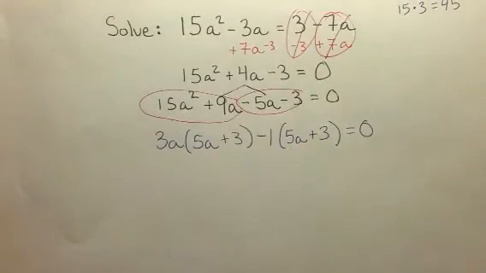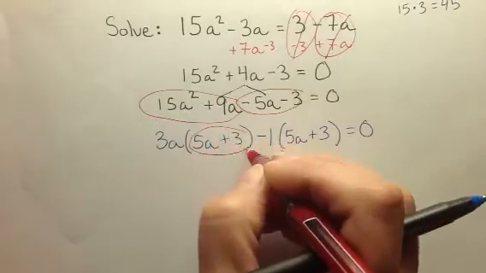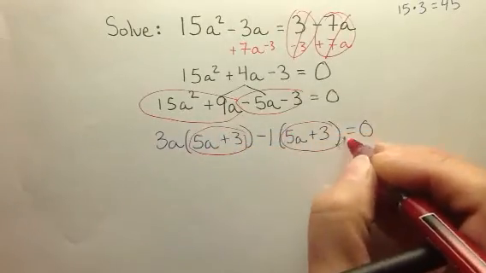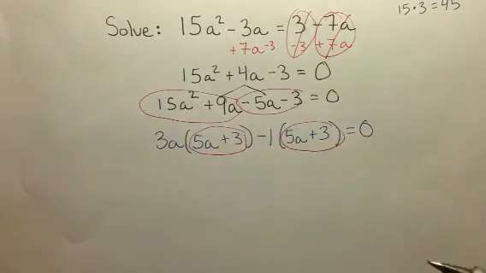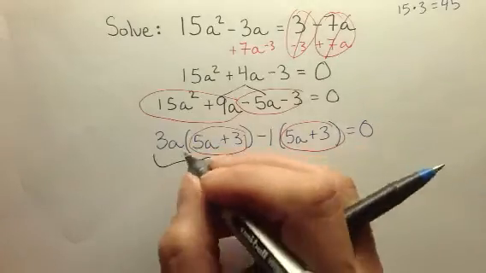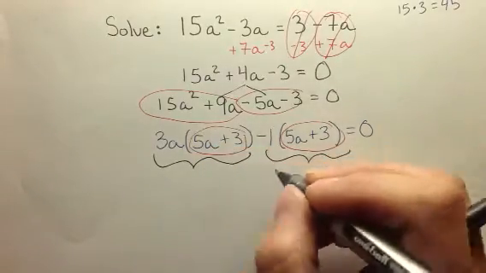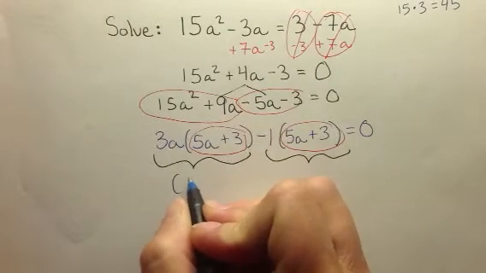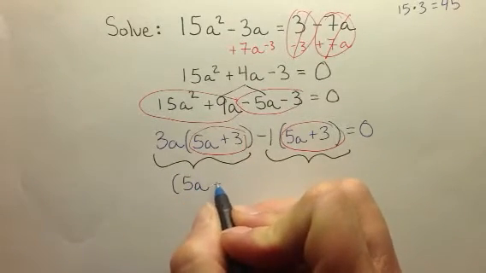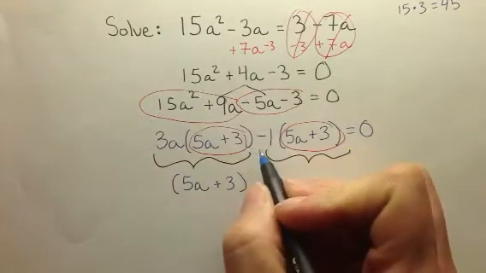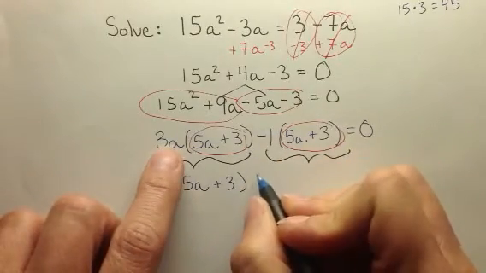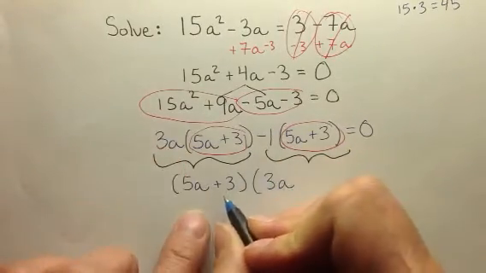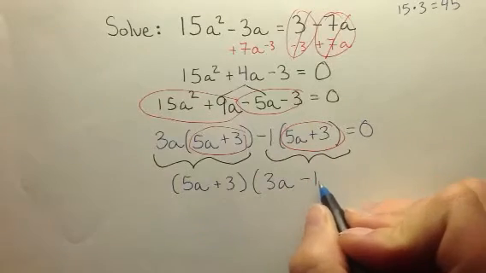Okay, so now I'm going to factor out that binomial. Remember, I now have a product and a product, so I'm using the distributive property backwards. I'm taking out the 5a plus 3, and it's going to leave me with this times 3a and this times negative 1.